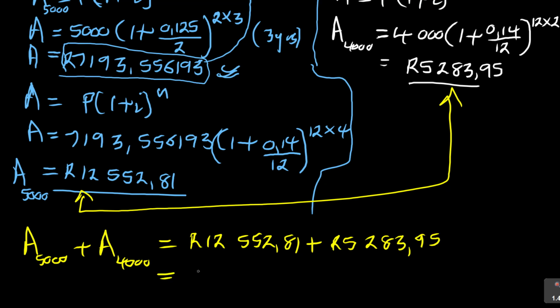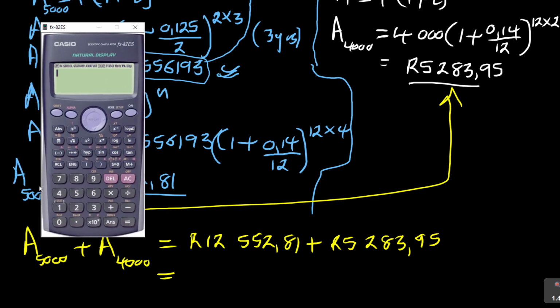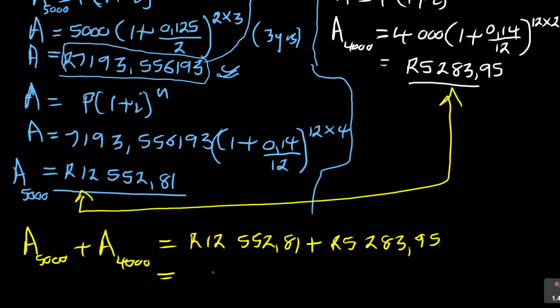Then when I add that, it will give me the total amount of this investment: 12,552.81 plus 5,283.95 equal to 17,836 rand 76 cent. I forgot the decimals there, but you can check whether it was 76. It's 17,836 rand, to 2 decimal places.